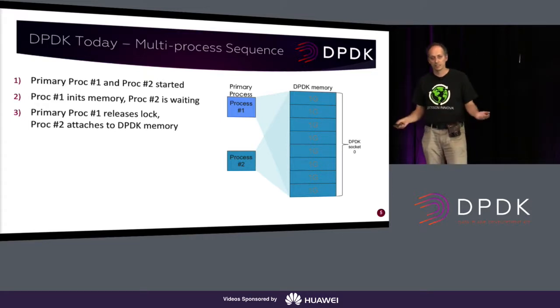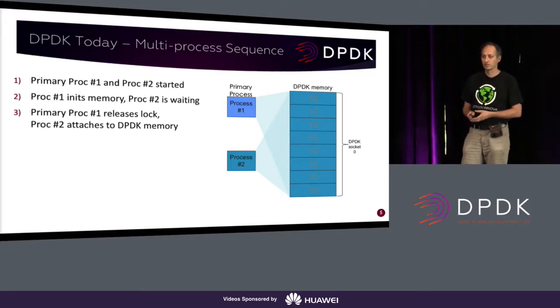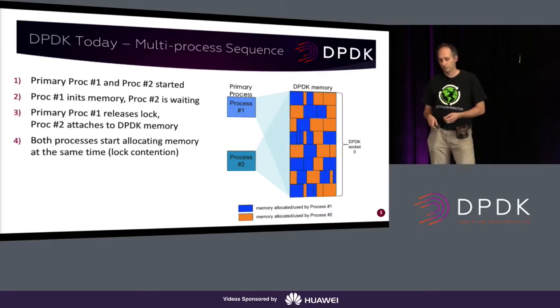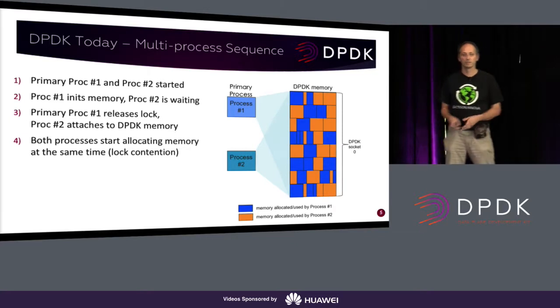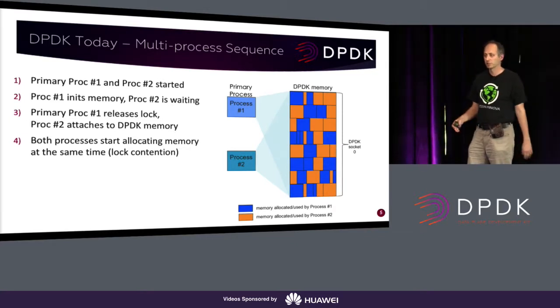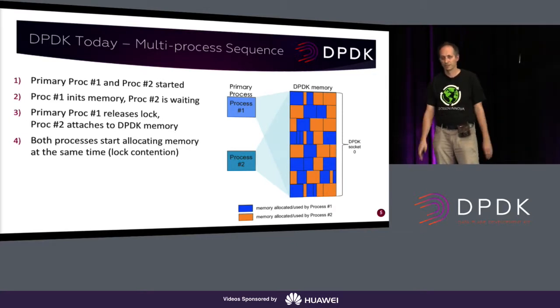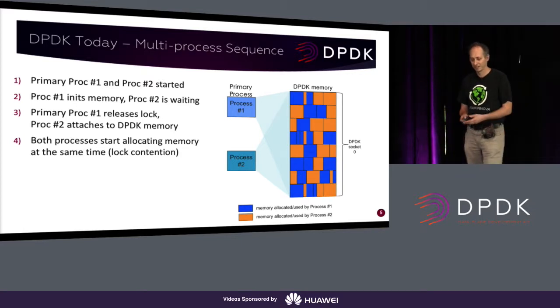When the primary process releases the lock, the other process attaches to the memory. Then both processes start allocating memory, and there is a lock inside the memory allocations, so the two processes start fighting with each other.